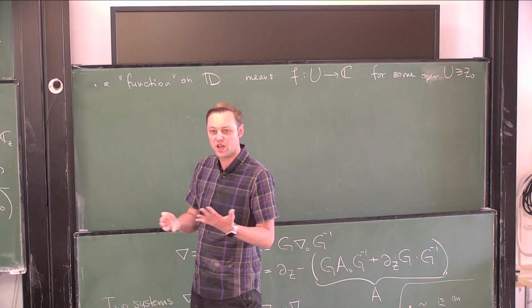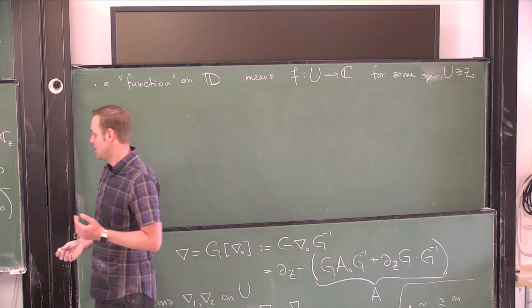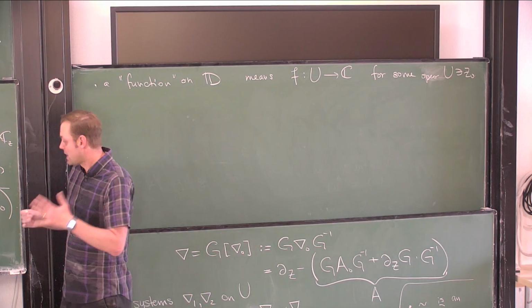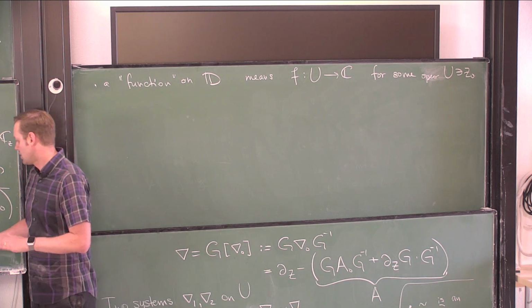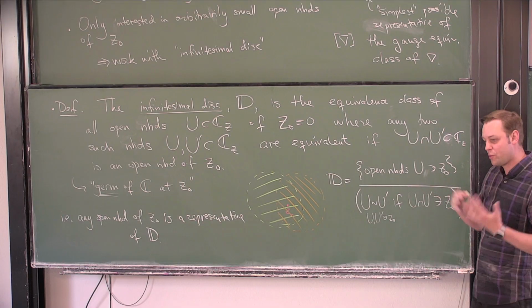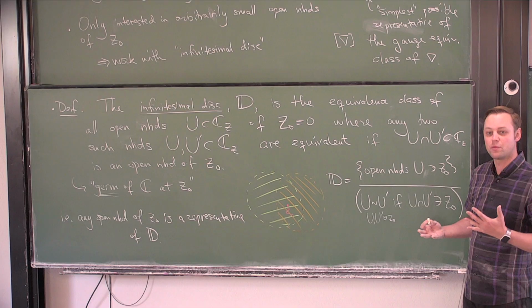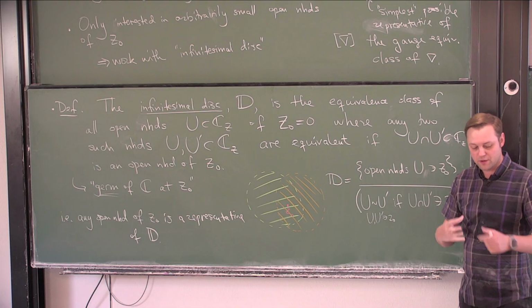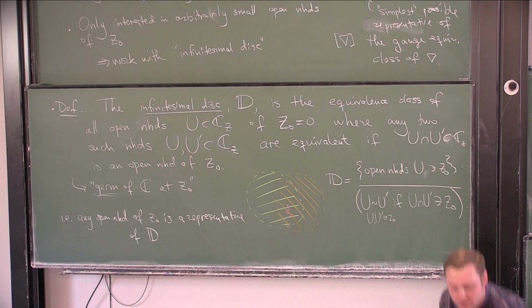Any two open neighborhoods of Z naught have this property. I don't want to overcomplicate this, but in this case it is just one equivalence class. So any open neighborhood is equivalent to any other open neighborhood. But that's what you should think of as the infinitesimal disk.